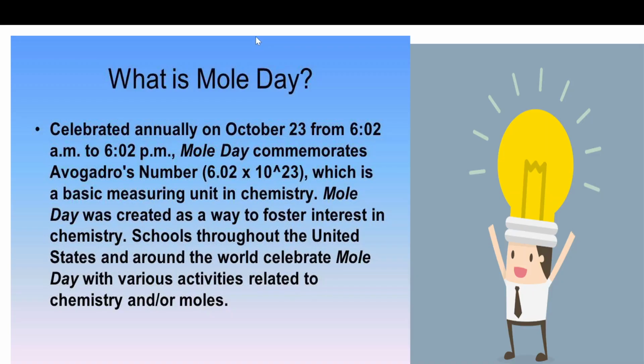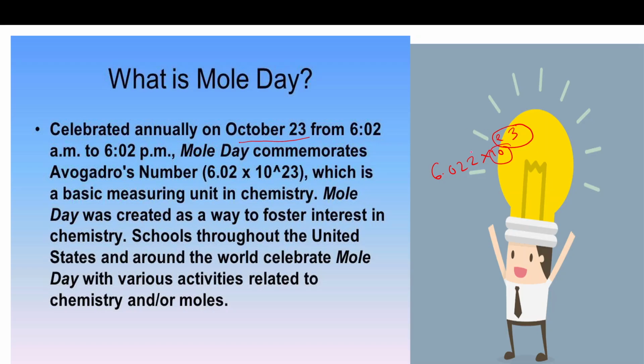You know about International Mole Day? It's actually celebrated on October 23 from 6:02 a.m. to 6:02 p.m. What does it mean? I'll tell you. Avogadro's number is 6.022 into 10 raised to 23, right? This 23 represents the date, that is October 23.